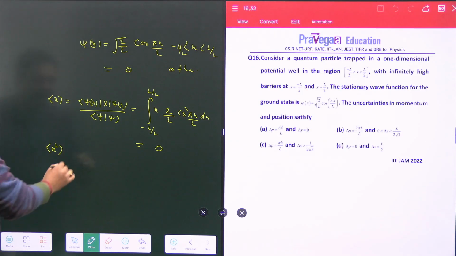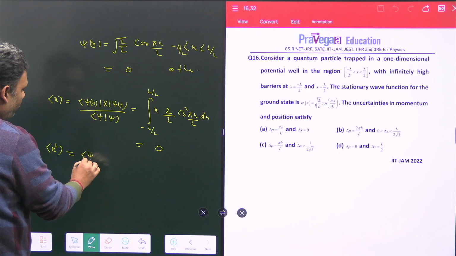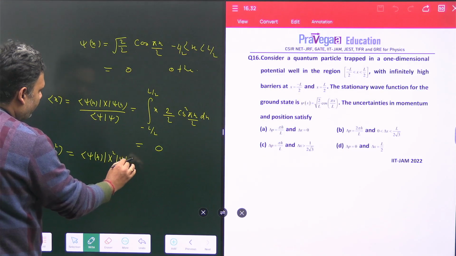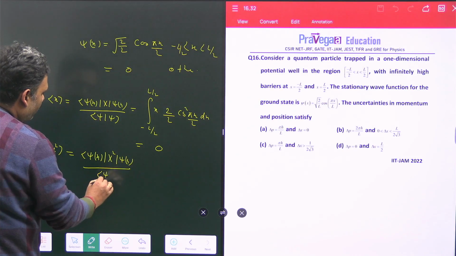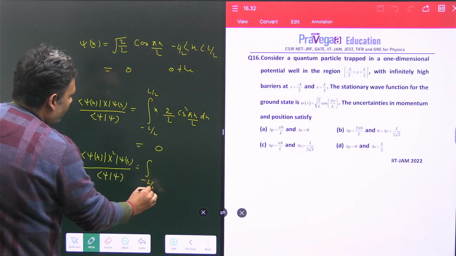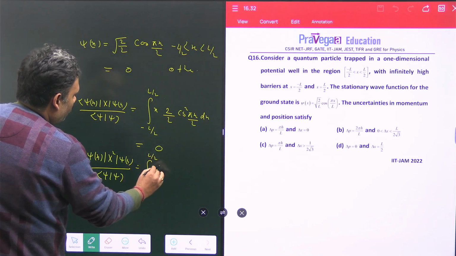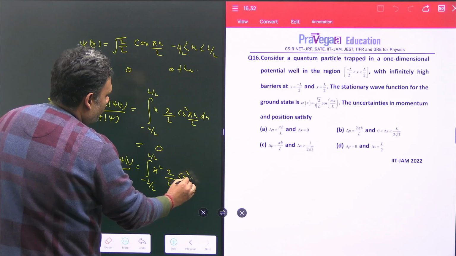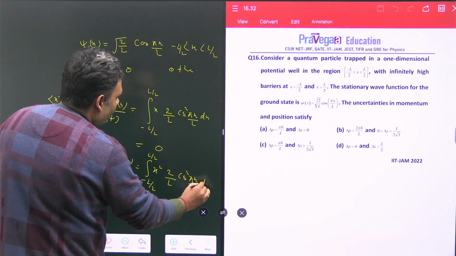So the expectation value of x is 0, and then we have to go for the expectation value of x square, and this is really challenging. We have to take psi x, x square, psi x, and the value is the integral from minus L by 2 to plus L by 2 of x square times 2 by L cos square pi x by L dx.